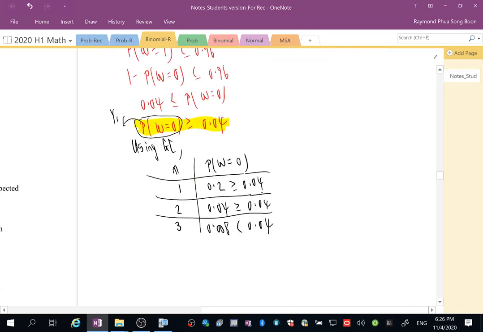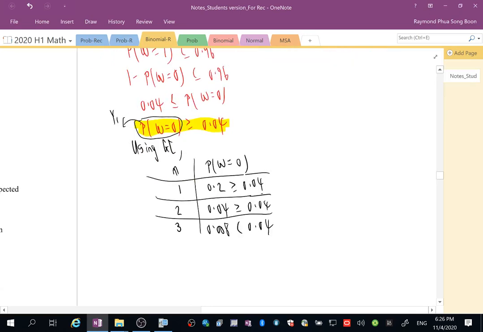We'll see that where m is 1, the left hand side probability W equals to 0 is 0.2, which is greater than 0.04. Where m is 2, the left hand side probability value is 0.04.